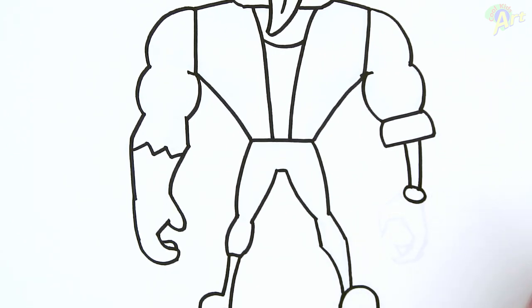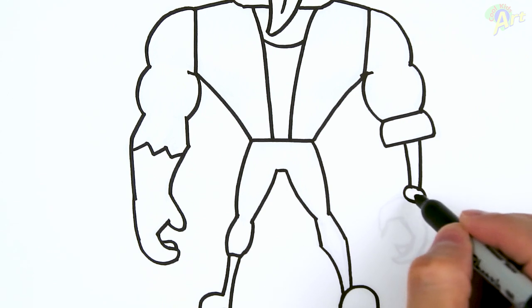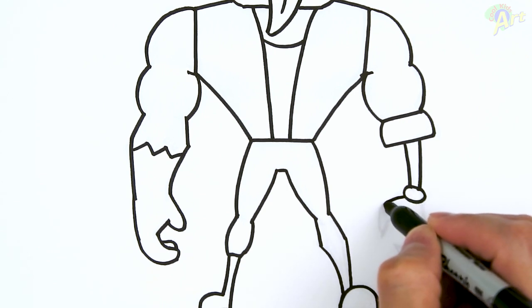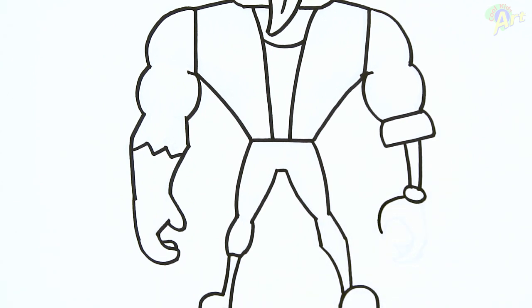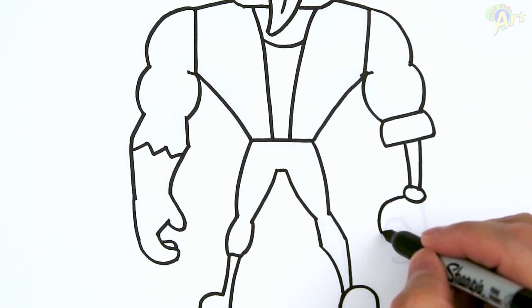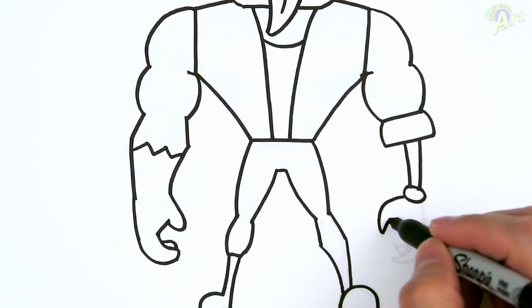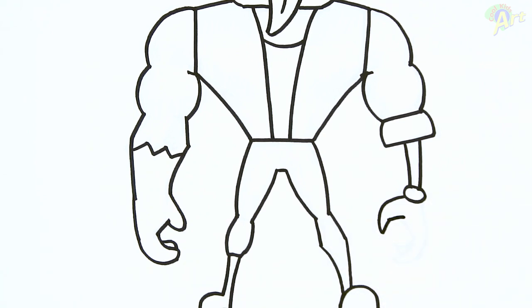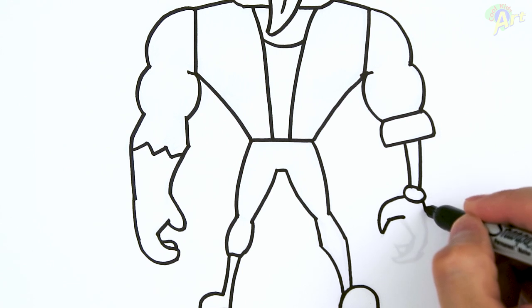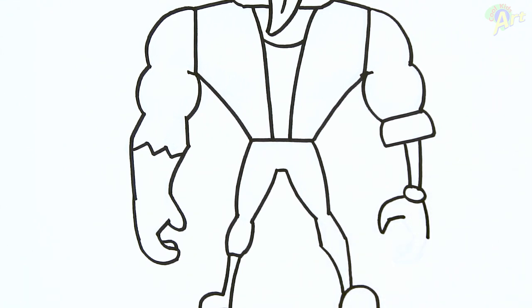Okay, so now we can draw in the fingers. So this one's slightly different. It's gonna be a little bit sharper. So just come out and then come down. Go back up, nice and sharp here. And then just come across. Start on this side right here, the back. Come down.